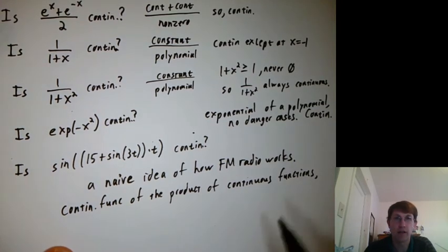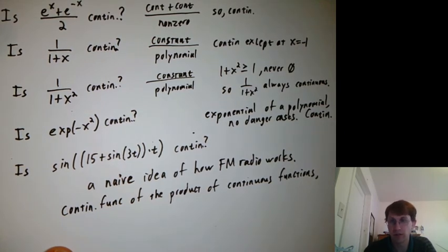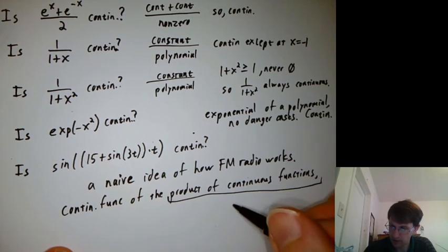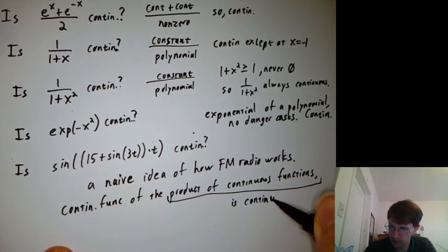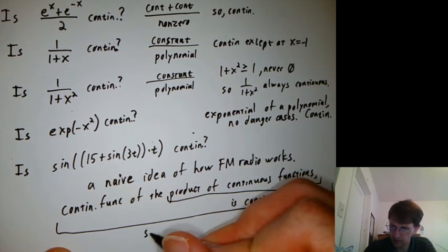And none of the danger cases I talked about in the other video about when you have a continuous function of a continuous function. So product of continuous functions is continuous. So overall, this is continuous.